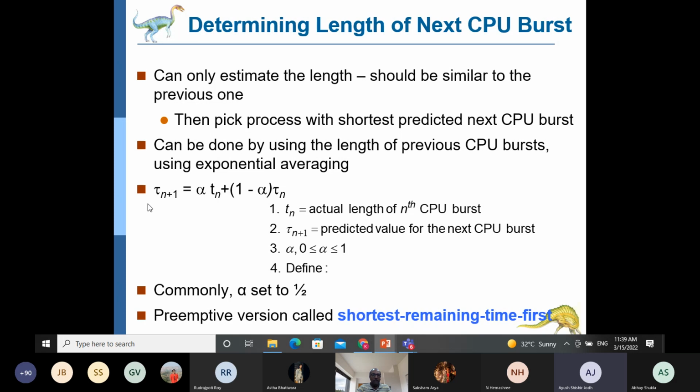Here the tau refers to the estimated or predicted values, and the t refers to the actual values.